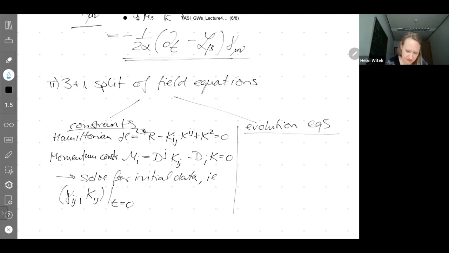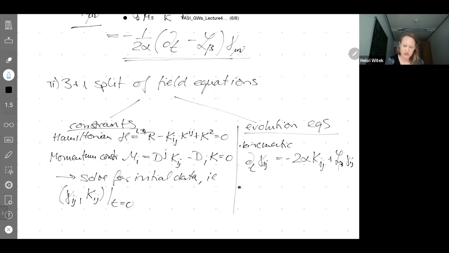Again, there's this one part that we've already seen. The kinematic equation, let me just write it down for completeness: the time derivative of our 3-metric is given by -2 times the lapse function times extrinsic curvature plus this Lie derivative along the shift vector here. Okay.